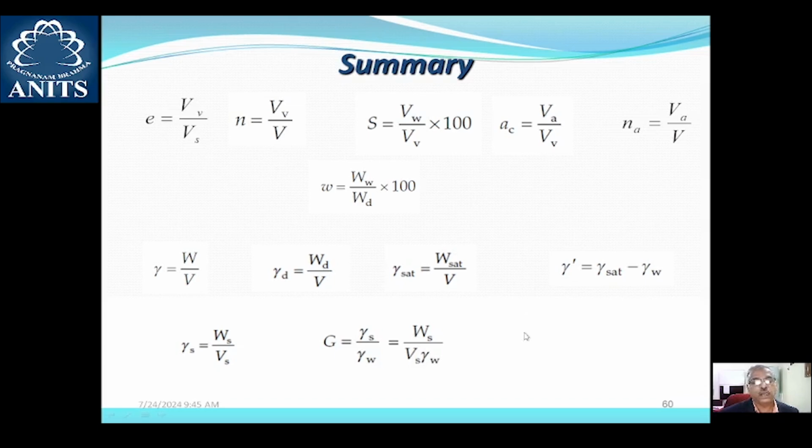And you have the specific gravity of soil solids, which is the ratio of the unit weight of soil solids to the unit weight of water. That is equivalent to Ws by Vs gamma W, G equal to gamma S by gamma W, which is equal to Ws by Vs gamma W, or you may write G equal to Wd by Vs gamma W, because the dry weight is equivalent to the weight of solid particles.